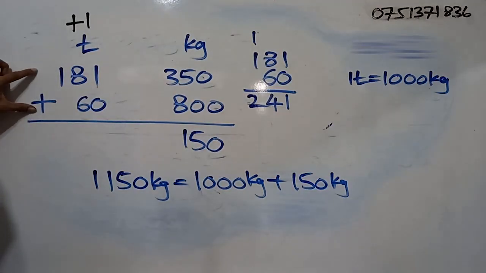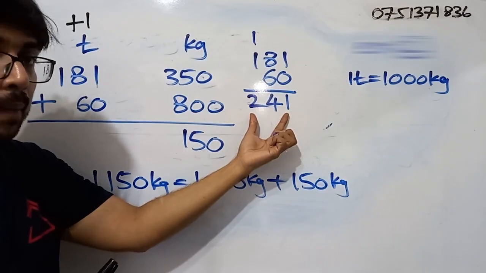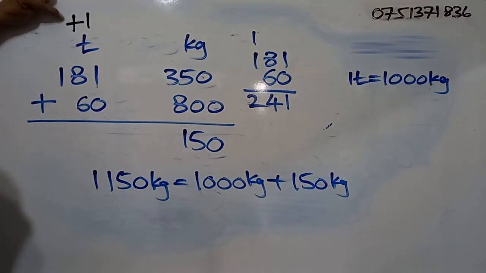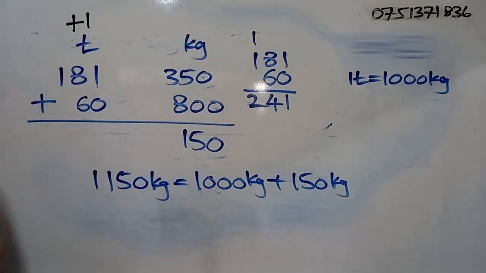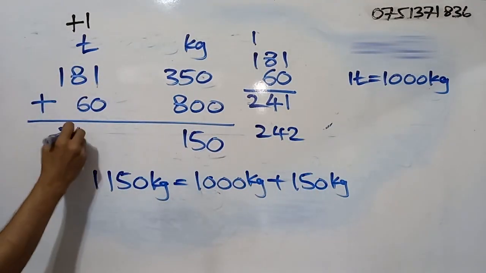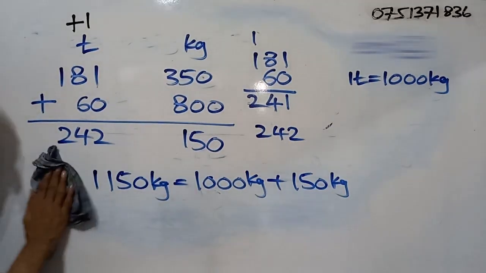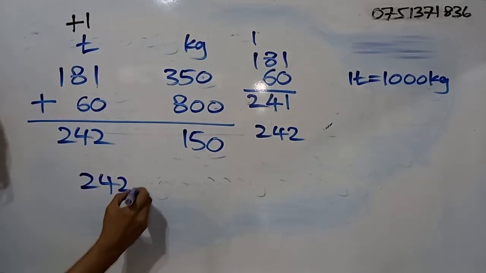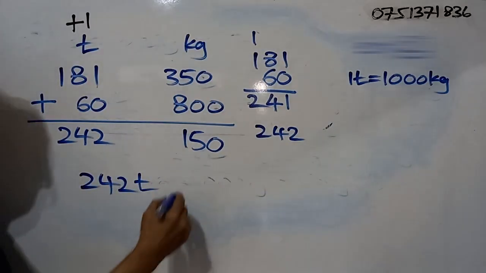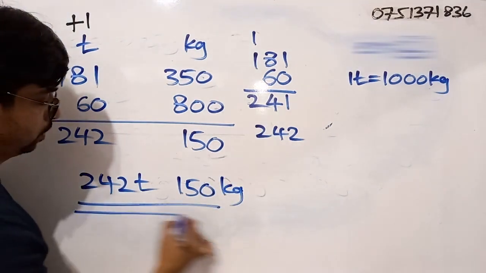When we add these two values we get what? 241. But we have to add this one also, right? So it becomes what? 242. So 242 metric tons. So finally, what's the answer? 242 metric tons and 150 kilograms.